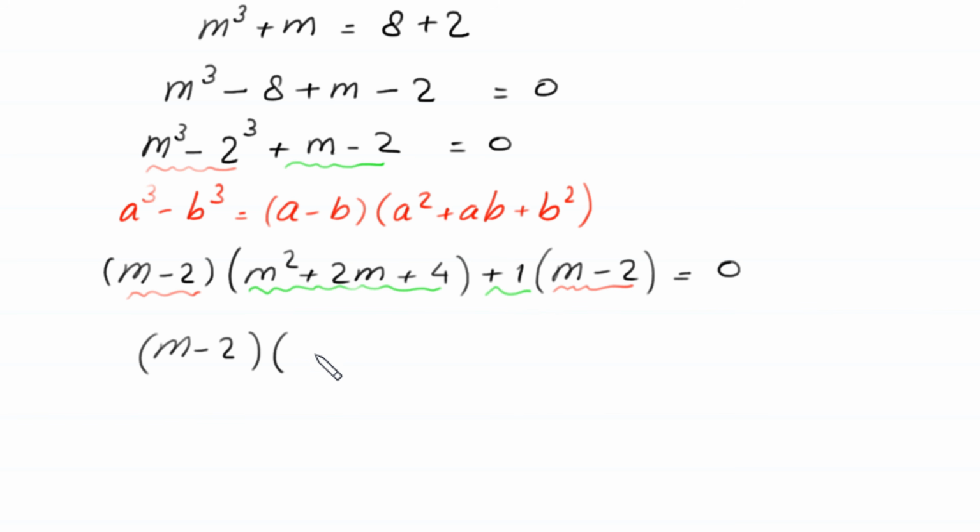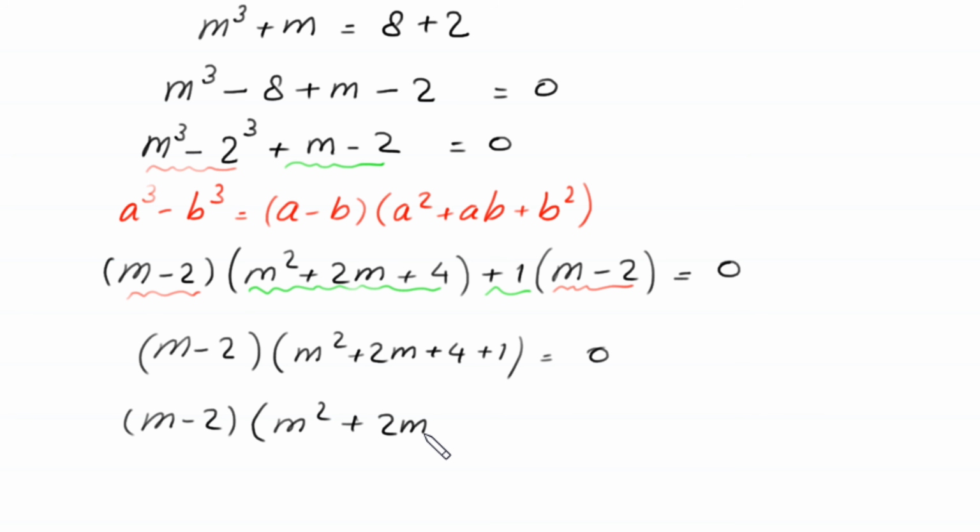In bracket left, m squared plus 2m plus 4 plus 1 is equal to 0. Next, m minus 2 times m squared plus 2 times m, this 4 plus 1 will become plus 5, is equal to 0.